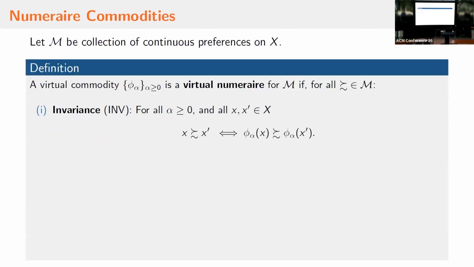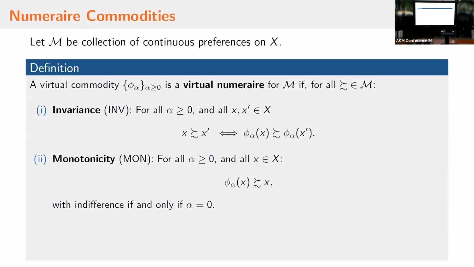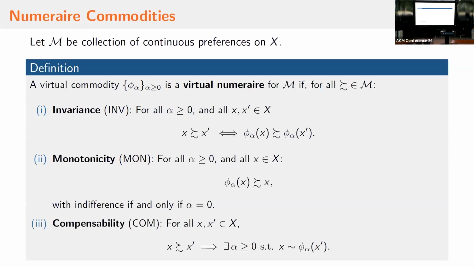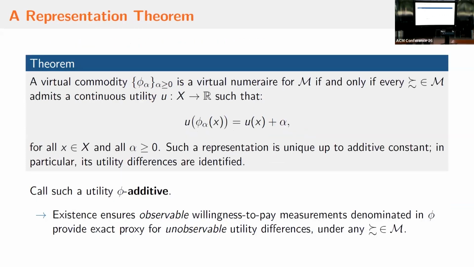In the interest of time, I'm going to skip through these very quickly, but I give you a set of axioms which are necessary and sufficient for the following utility representation theorem. Under the axioms that we just passed very quickly, a preference admits a utility function that satisfies the following infinite system of functional equations.